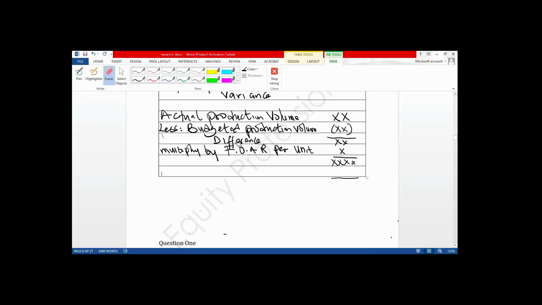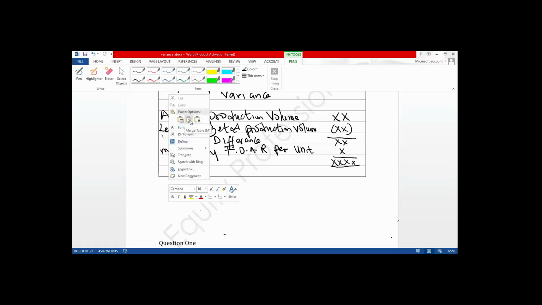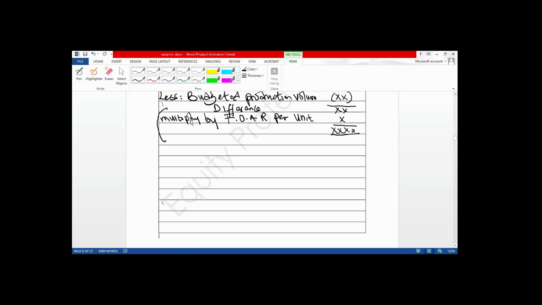We have explained all the cost variances. Now move to sales variances.